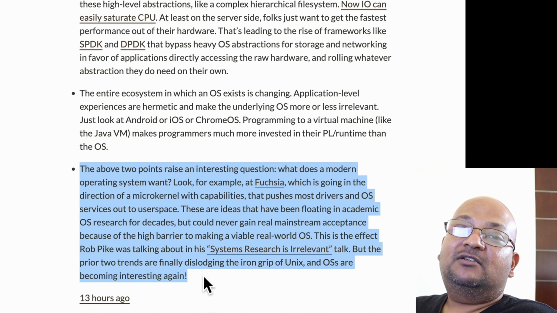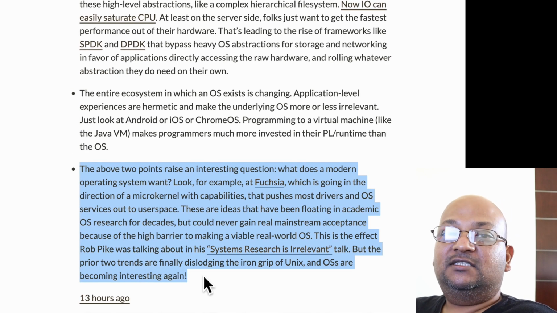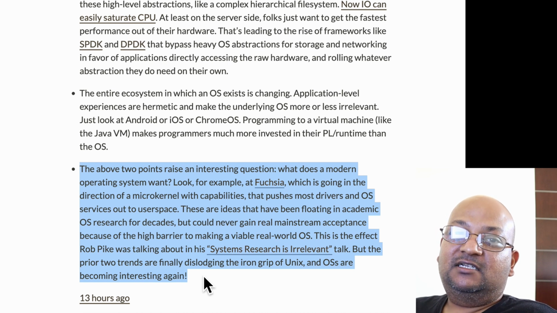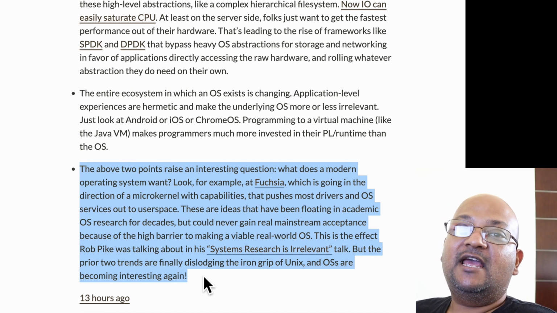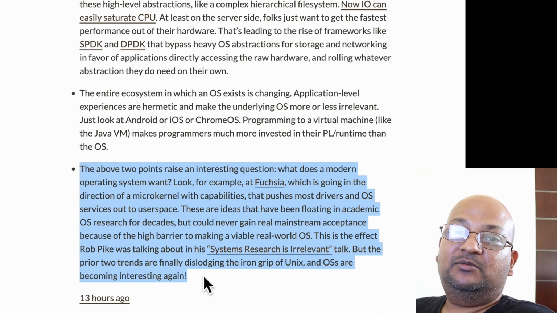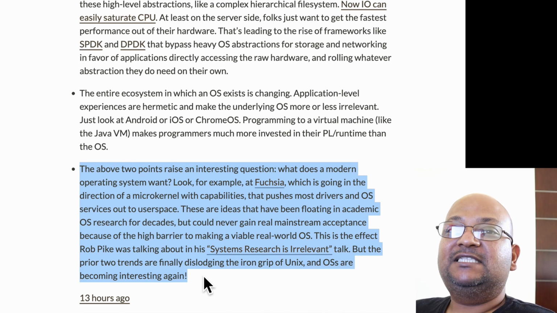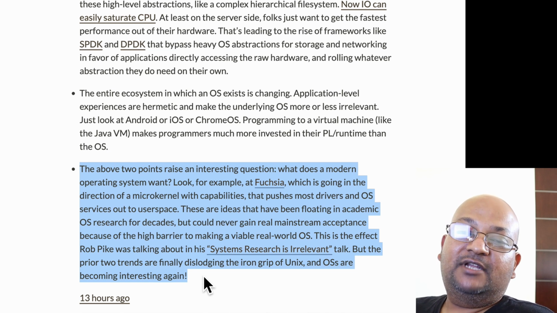And so you have to ask, what does a modern operating system look like? If you had to design a new operating system looking at the application and hardware landscape that exists today, what design principles would you choose, and would you choose the same principles that Unix and its successors were built on?